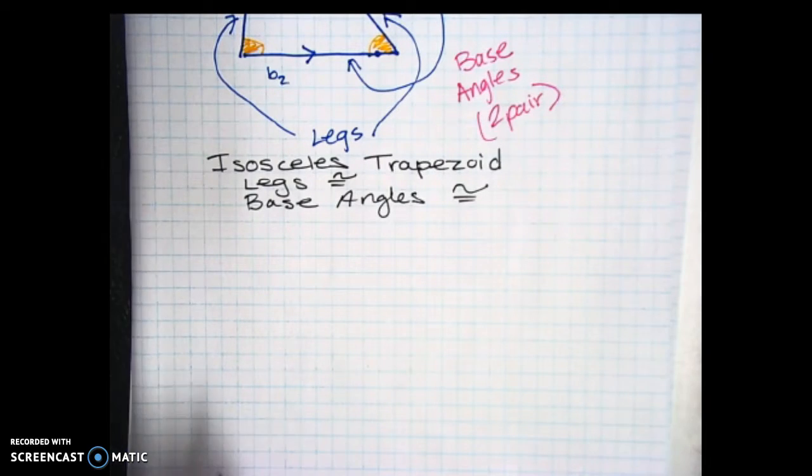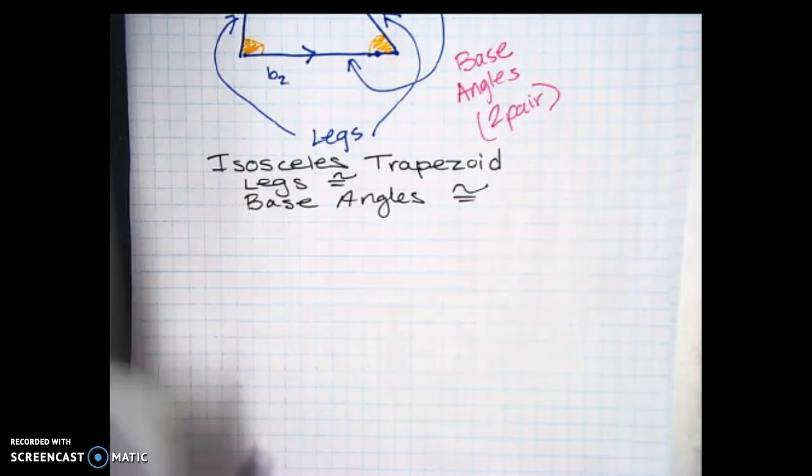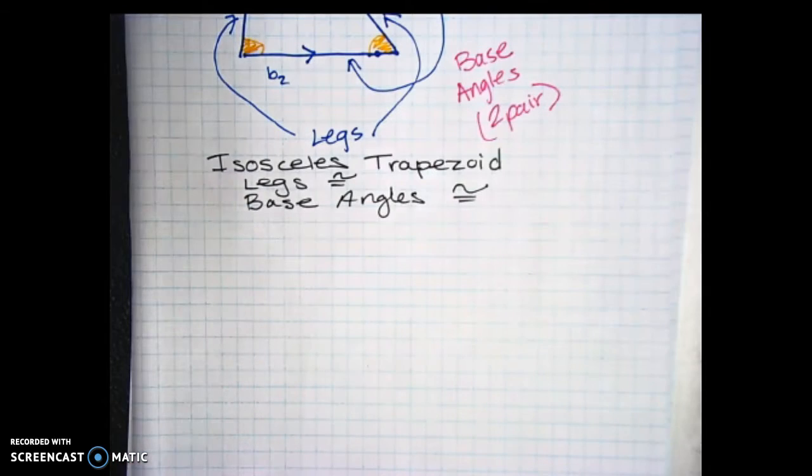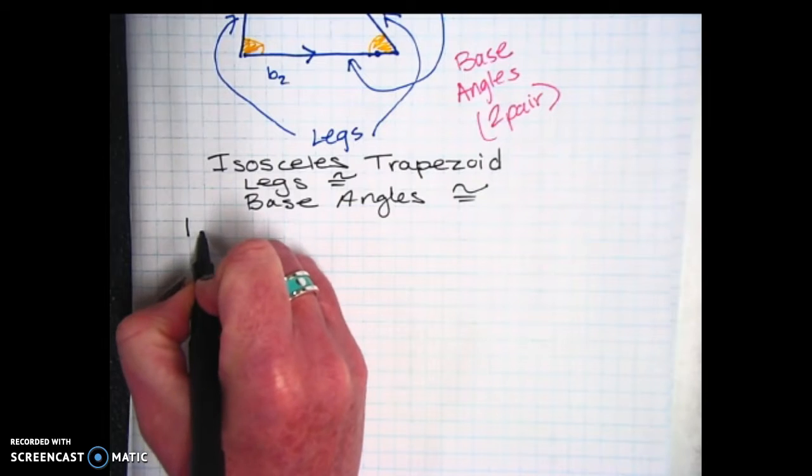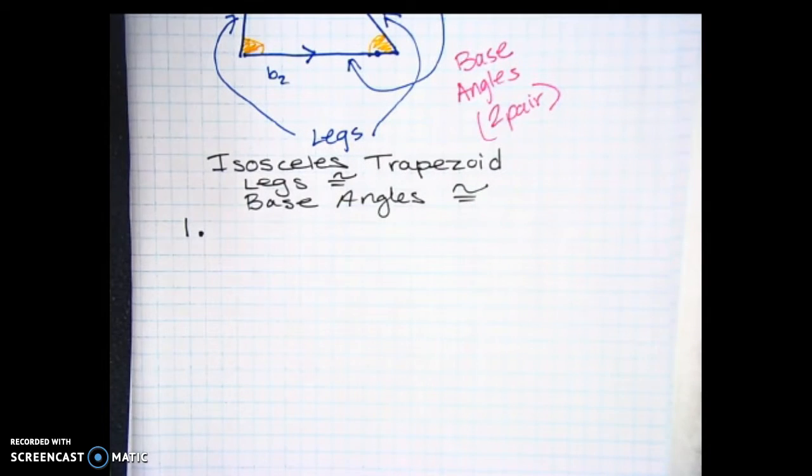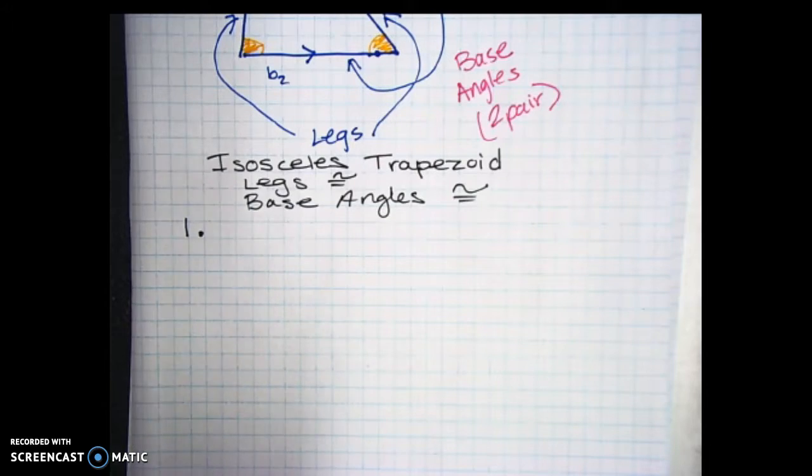All right, there are also some properties about trapezoids that you need to know, okay? The first property, I'm going to read it to you word for word, and then we're going to draw a little picture. So the first property says, if a quadrilateral is an isosceles trapezoid, then each pair of base angles are congruent, okay?